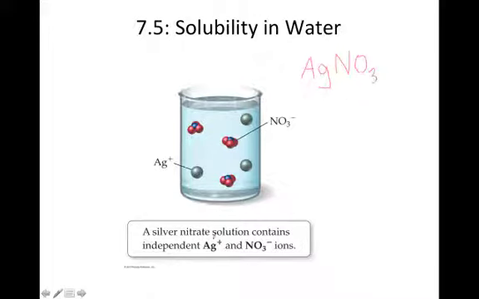As a solid, it's a crystal structure with a formula unit of AgNO3, but when we put it into water, the silvers and the nitrates disperse out into the solution and interact with the water. They're soluble in the water. So when you stir it up, it dissolves and you don't see any solid in the bottom of the beaker. They're independent ions.